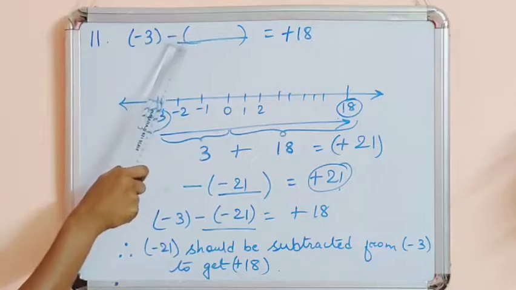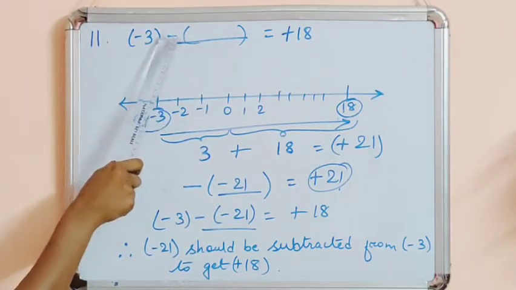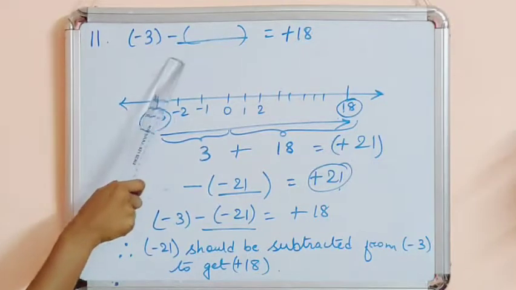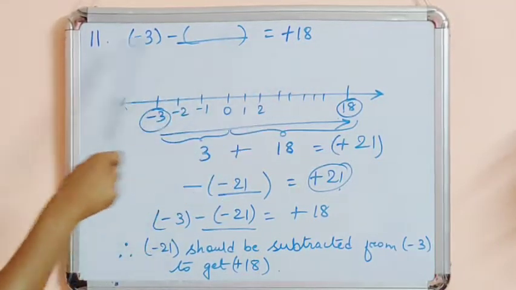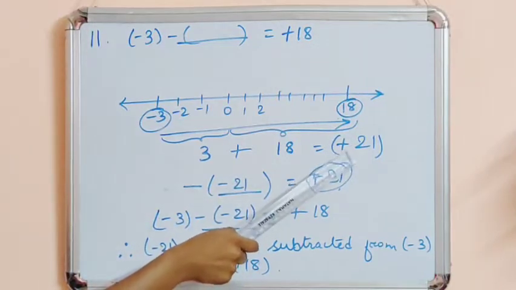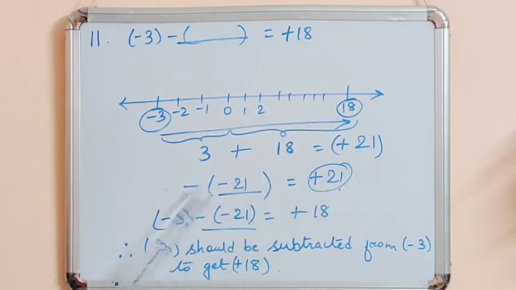But if we remove this bracket and write minus and plus 21, then that has to be minus 21. So the whole meaning of the sentence will change. So instead of plus 21, if there is a negative sign in front, we have to use the additive inverse property.